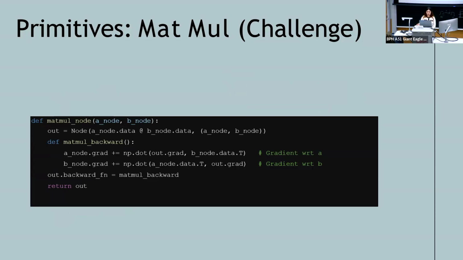Here, instead of add or multiply, we have matmul, and then we have the parent nodes A and B. And then in the backward function, we add the gradient. Here we use numpy dot to calculate the gradient for matmul. For A's gradient, we multiply the output gradient by B transpose. And for B's gradient, we multiply by A transpose, same thing.